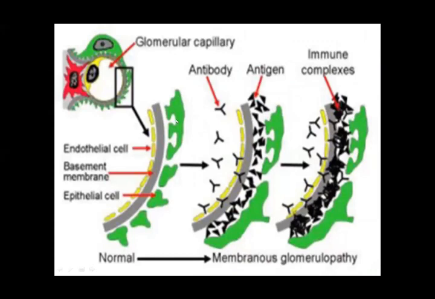This is the podocyte, this is the endothelium, and the gray colored thing is the basement membrane. What do the antibodies, or antigen antibodies, do? Antibodies cross this GBM and come to lie below the podocytes and below the pedicles of the podocytes, and they form immune complexes there.